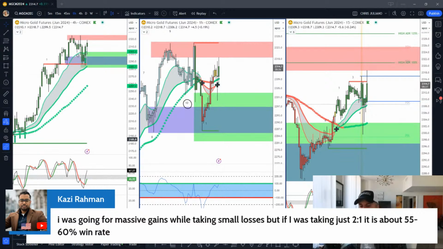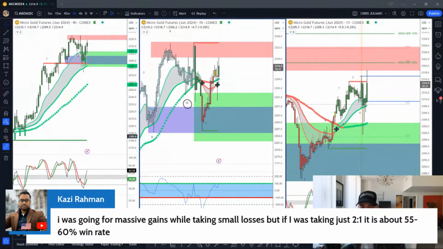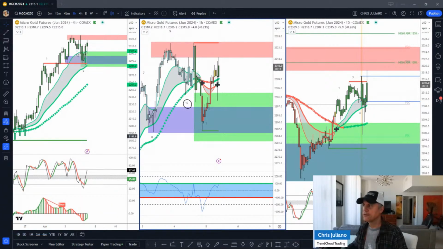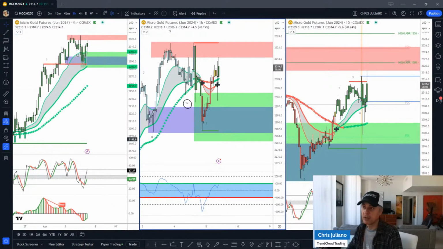So what Kazi is saying is, when he took those 2 to 1 targets, they were hitting about 55 to 60% of the time. And I've seen it hit around 70% too.